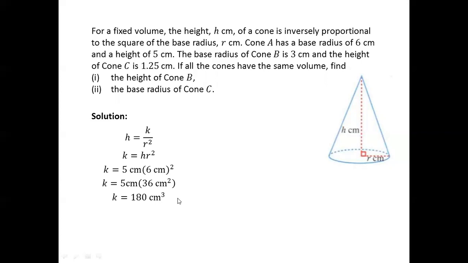Why? Because I want to show you guys that this k value actually includes the volume. Because in this problem, we have 3 variables involved: the volume, the height, and the square of the radius. Since we are comparing only the height and the square of the radius, we must be able to set this volume constant.